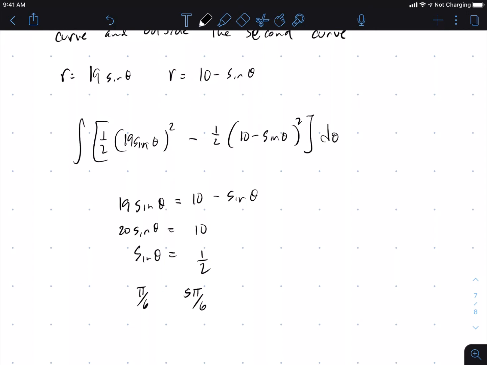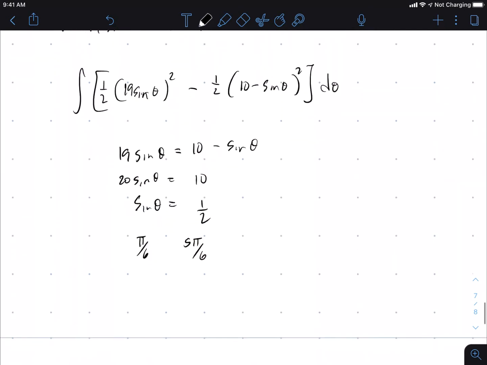Now, one of the things that's cool about this is we should know that there's going to be symmetry to this, because the curves are both ellipses, actually. So we can go from pi over 6 to pi over 2. Okay? So that's what I'm going to do.